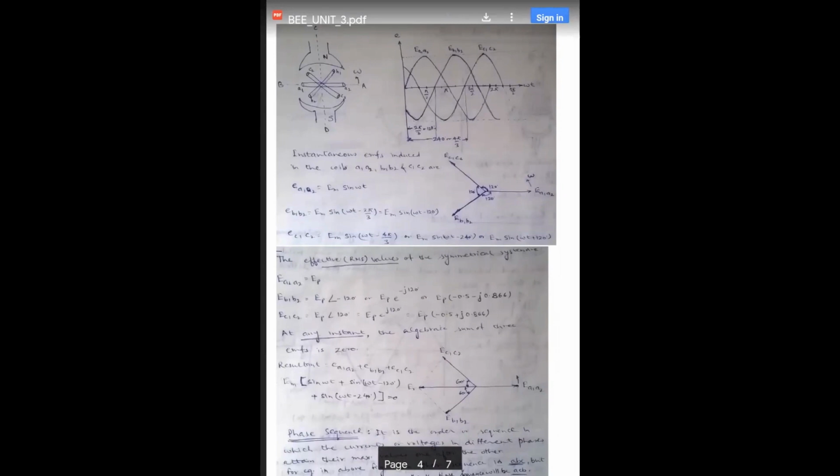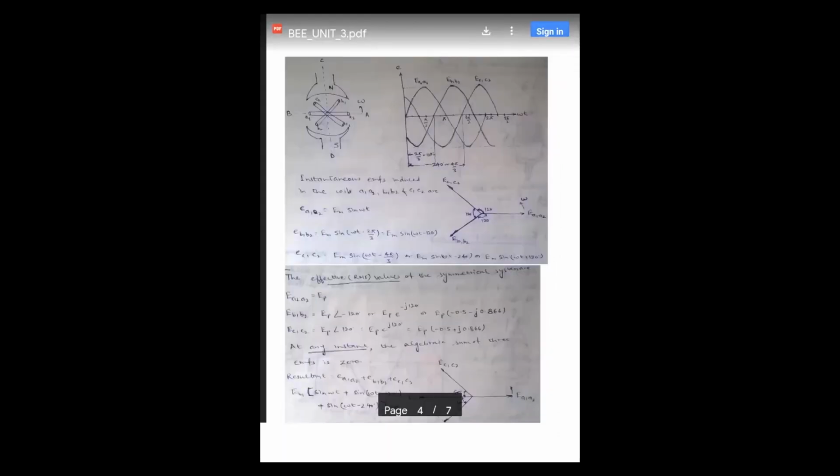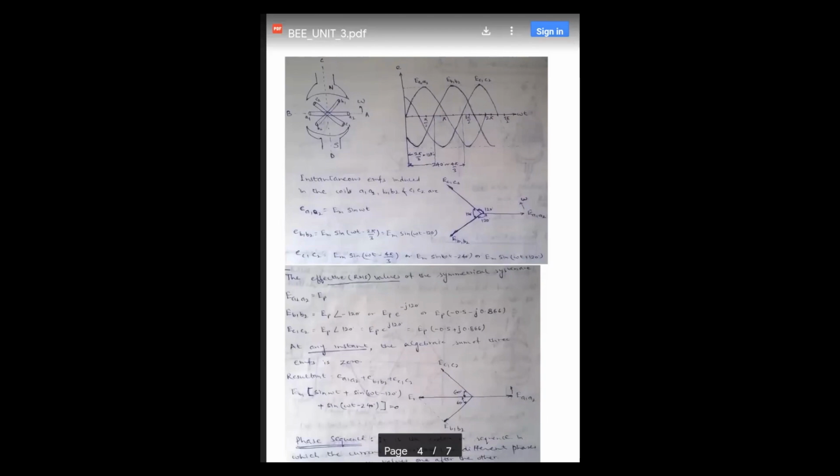This is the instantaneous EMF waveform. So one will begin at 0 degrees, the other will begin after 120 degrees, and the third will begin after 240 degrees. So here is the zero crossing, or it will begin from here. Okay, then we can complete the sine wave.